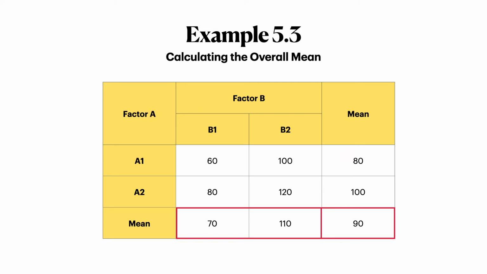And we can calculate that as shown here as the arithmetic mean of the column means. We can also calculate it as the arithmetic mean of the row means. And then finally, we can calculate it as the arithmetic mean of the individual treatment combination means.